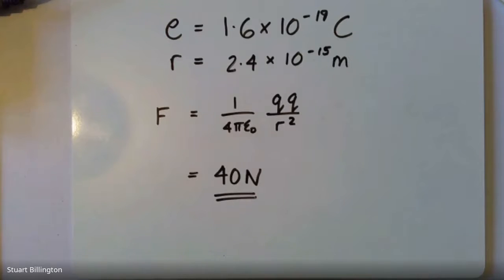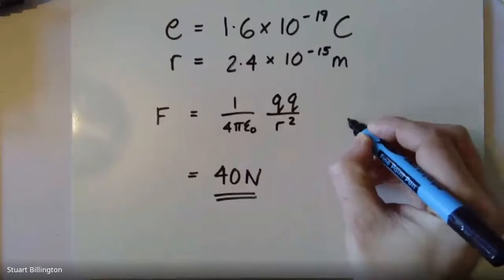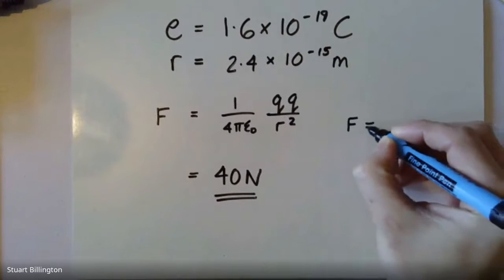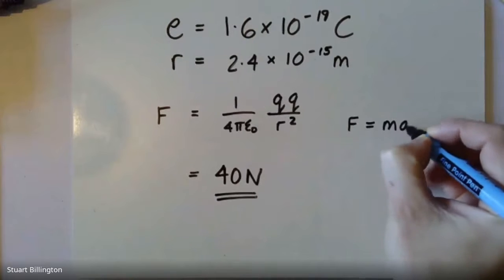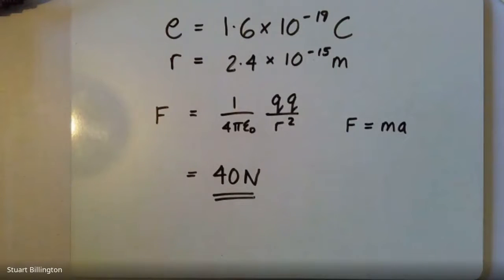But then you have to remember the whole point of forces is that they make objects accelerate. So the next little thing that I would like you to ponder on is what would be the acceleration on that pair of protons if the force was actually able to act on them.